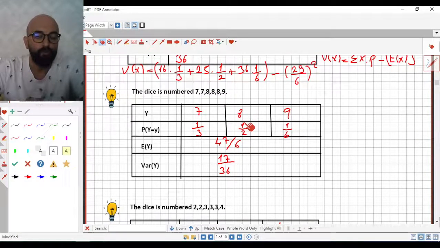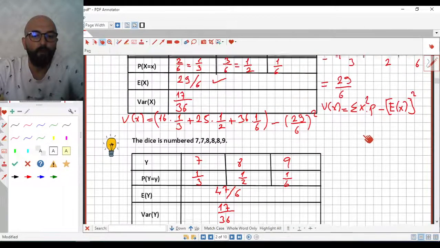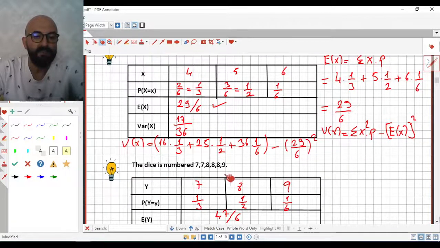I want you to compare the first example and the second example.